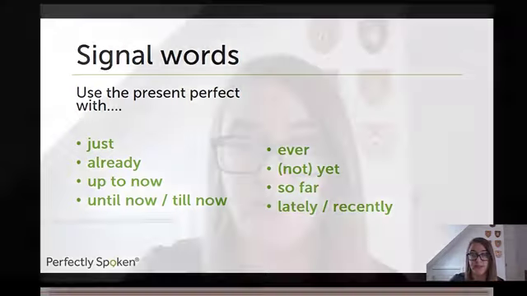If you see these words, they're all words that connect the past to the present, and with these you need a present perfect tense. So really useful to have a look at that list, see if you can remember. So focus on these words and see if you can remember that when you see these or when you use them, the tense that follows is going to be present perfect.